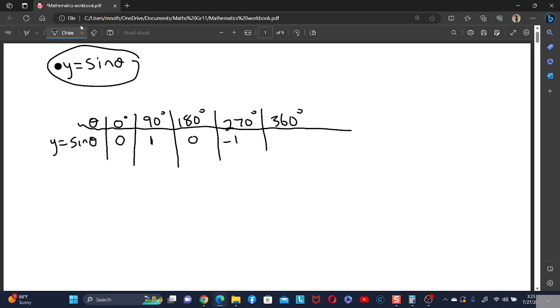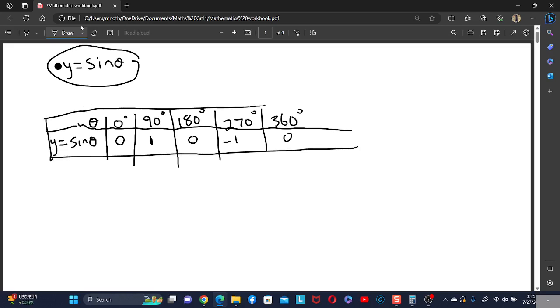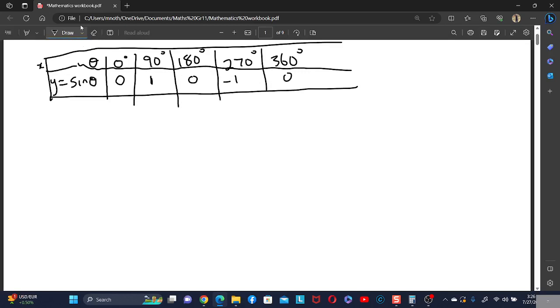Okay, so in the Cartesian plane, these values of theta we are going to treat as the x values, and these the y values. Okay, let's draw this in the Cartesian plane.